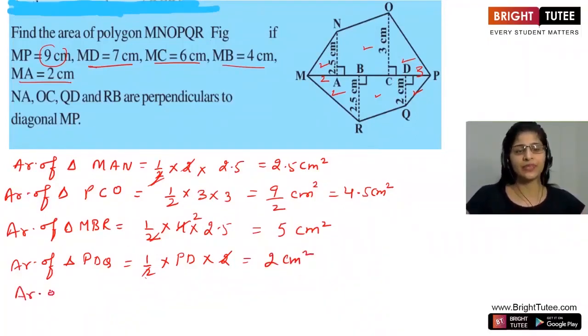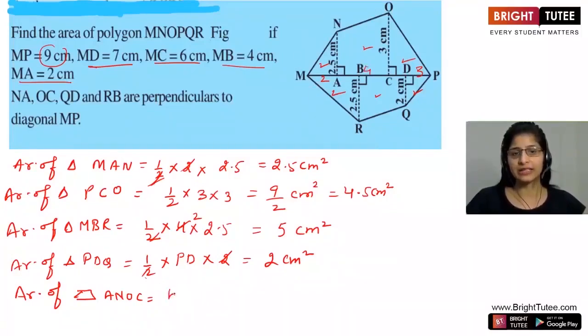So first of all, area of trapezium, the first one, ANOC. What is the height? Here the height is AC. Can we find out AC? From MC, which is 6, if we subtract AM or MA, that is 2, we are left with 4.